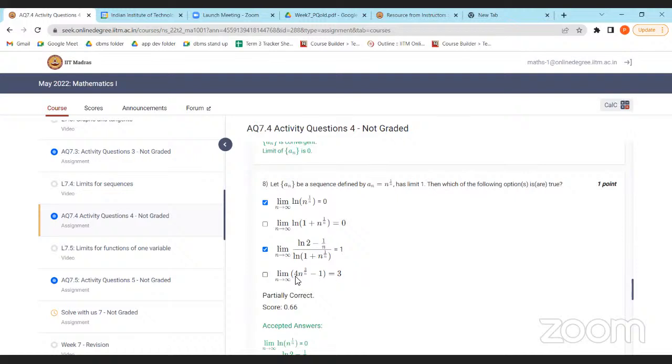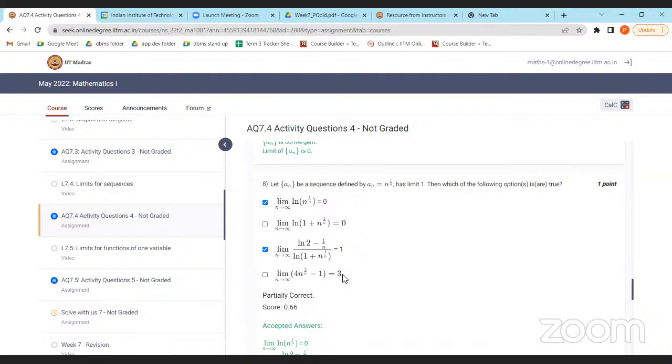Yes, sir, visible. I'm just taking the limit of this particular thing. I can take 4 as a constant and limit n tends to infinity of n to the power 3 by n, right? But we have already been given this particular limit as 1. So 4 into 1 will be 4, 4 minus 1 will be 3, right?